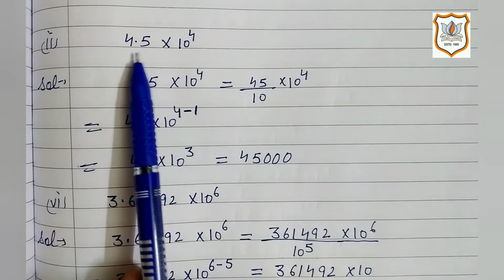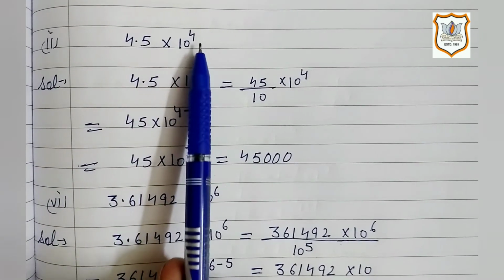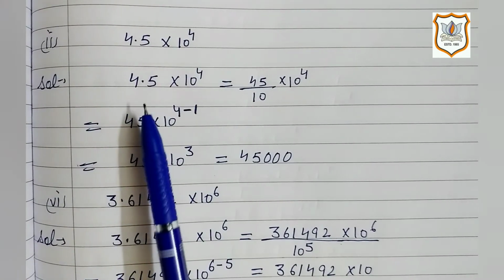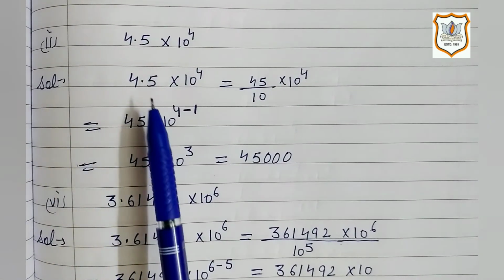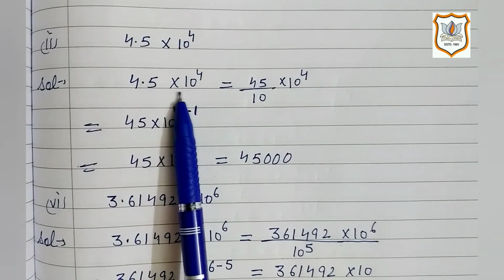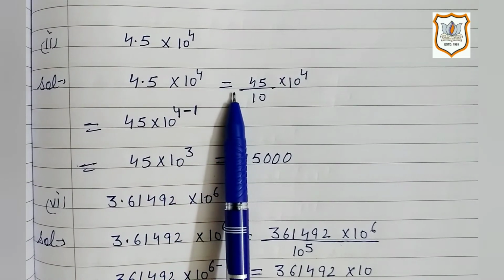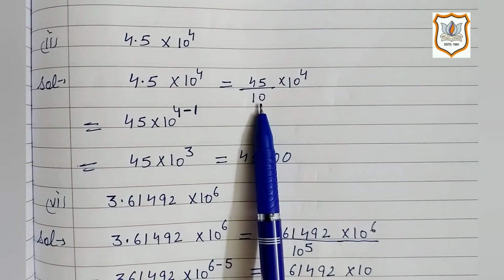Second sum, 4.5 multiplied by 10 raised to power 4. Solution of second sum. 4.5 multiplied by 10 raised to power 4 is equal to 45 upon 10.